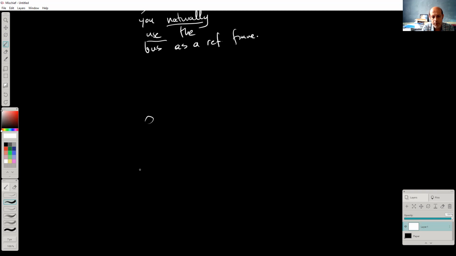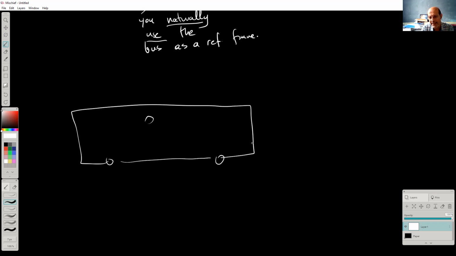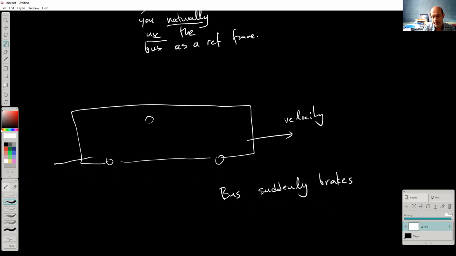So let's say it like this. This is the forward part of the bus. I think I need to give a break, but let's say it like this. The bus was moving like that. Let's say the bus suddenly brakes. In that case, the acceleration of the bus is in the backward direction, right?